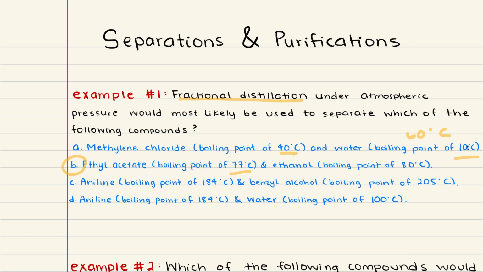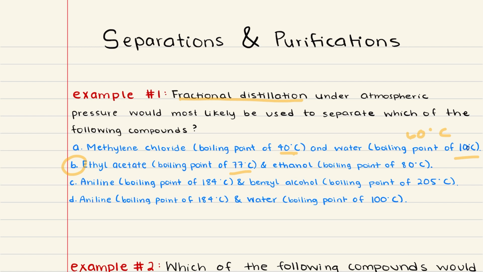Choice C says aniline, boiling point of 184 degrees, and benzyl alcohol, boiling point of 205 degrees. Now, that's a 21 degree difference, and that's within the right range for fractional distillation. But remember, we're distilling under atmospheric pressure.